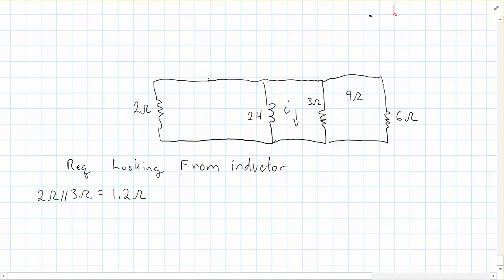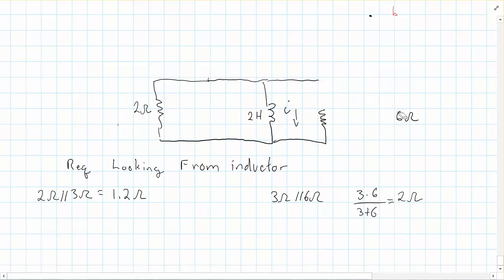But then, I needed to erase the 9 ohm. We then have a 3 ohm in parallel with 6 ohm, which is 3 times 6 over 3 plus 6, which is 2 ohms. So this is now just a single resistor.